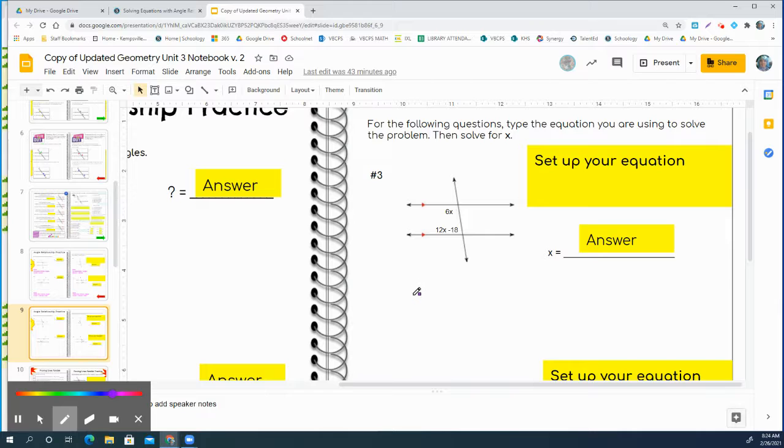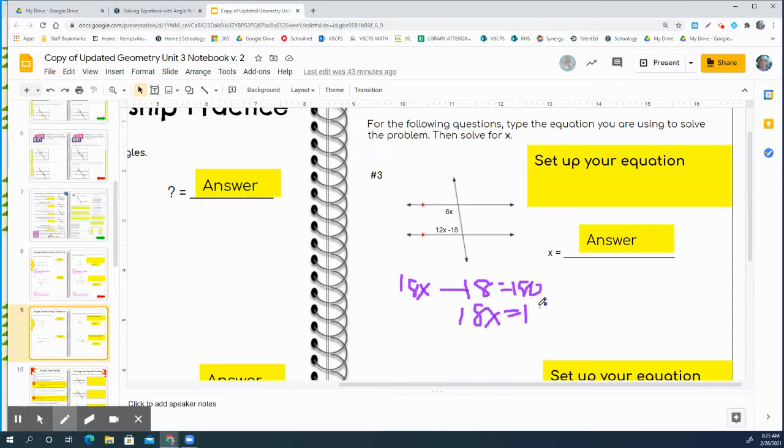So 18x minus 18 equals 180. If you add 18 to both sides, you're going to get 18x equals 198. And then x equals 11.